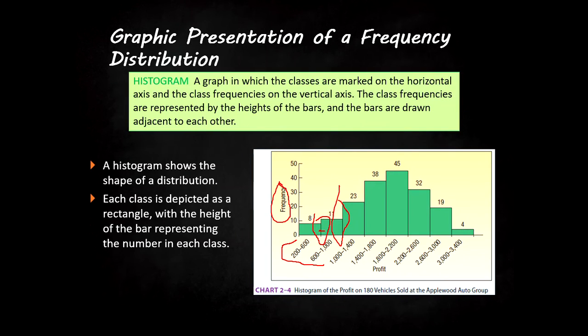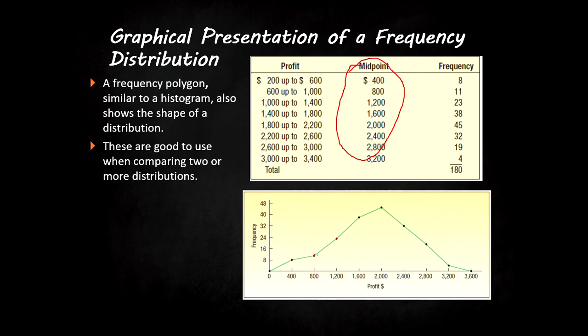And so it's pretty much identical to this histogram. Look at the histogram and the frequency polygon, and they're pretty much identical because they say the exact same thing. But what a polygon will do is allow you to put two sets of data on top of each other. Say, for instance, you've got this month's data, but you want to compare it to last month's data.